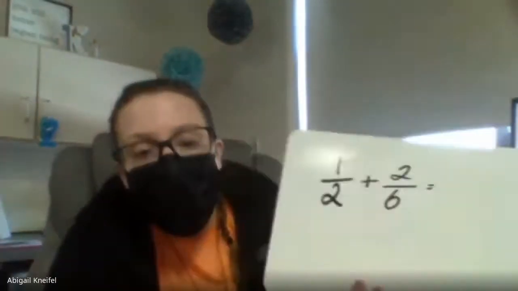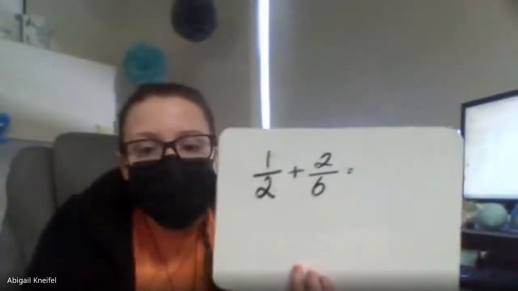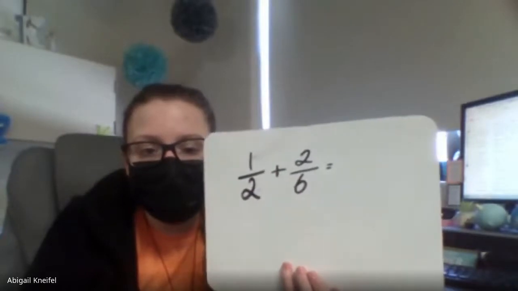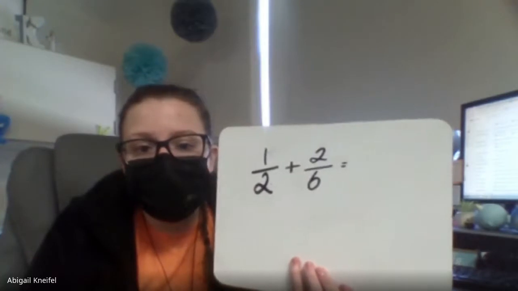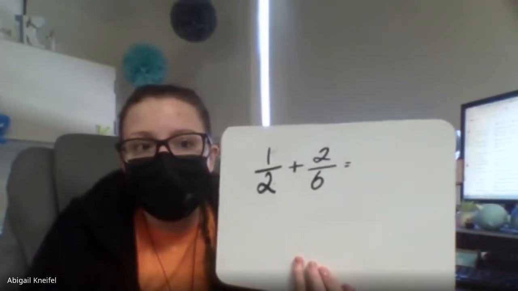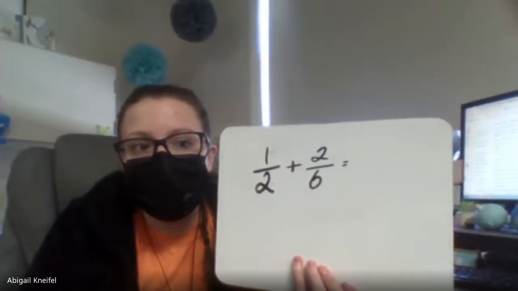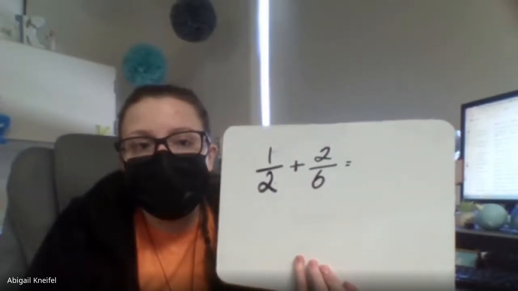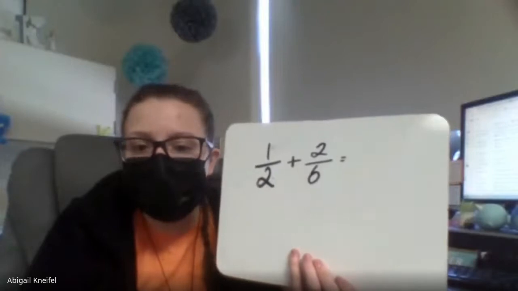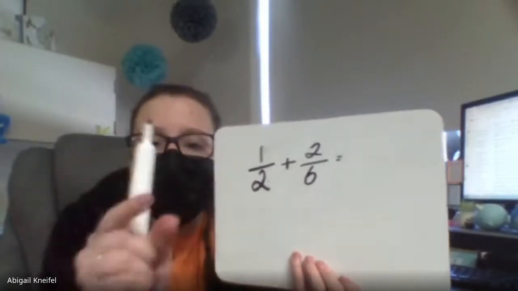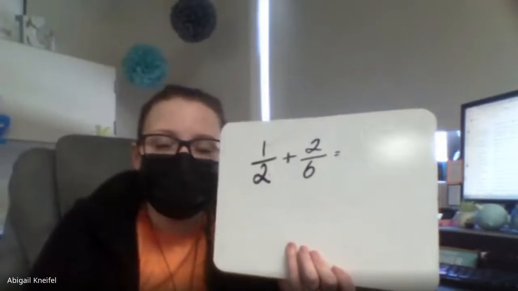Okay, 1/2 plus 2/6. So you have to count by 2s, count by 6s, find the smallest common denominator.